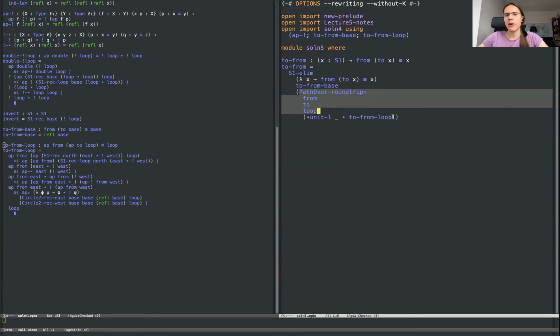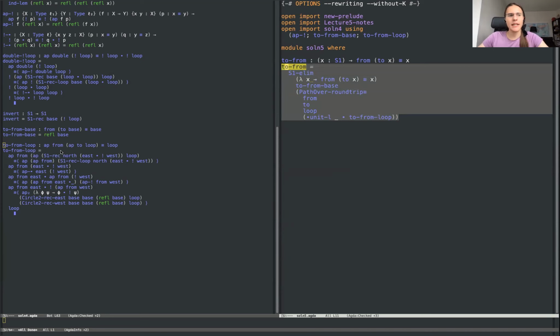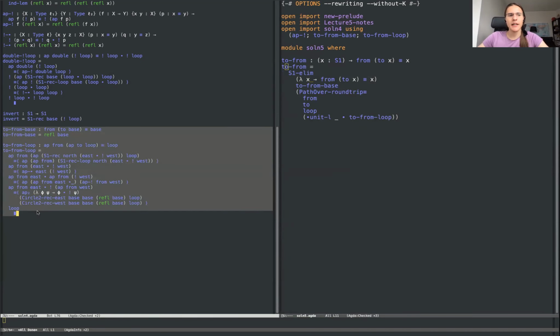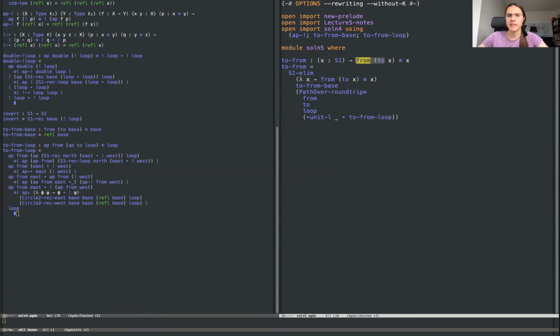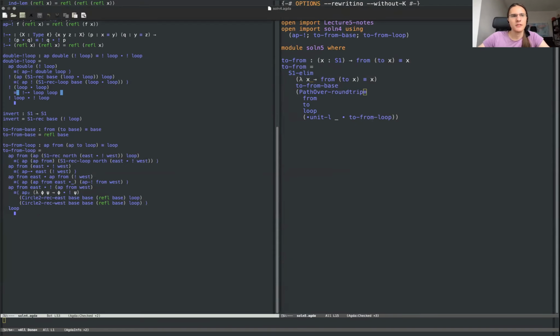And then you needed to characterize a transport in order to get this. But the point is we upgraded these two equalities to being actually a proof that the composite of these two functions is homotopic to the identity as a function on all points in S1. Any questions about that?